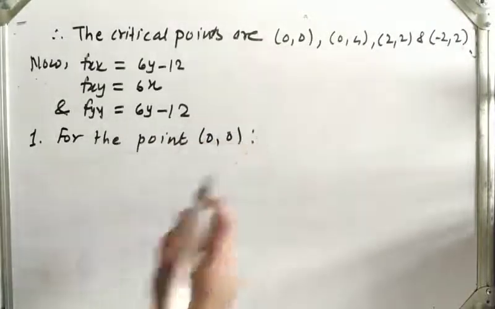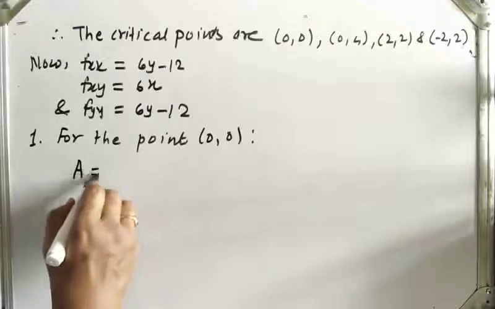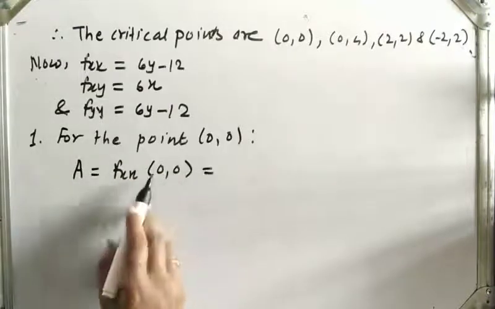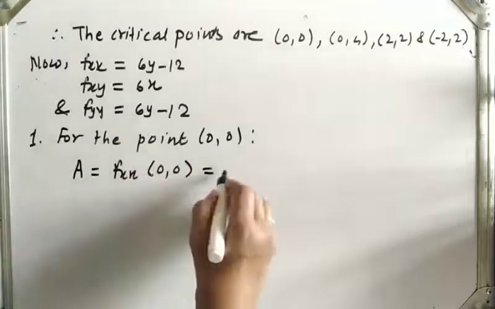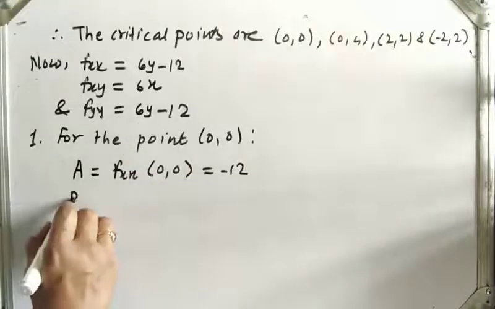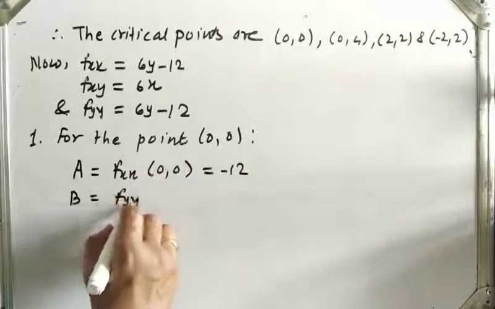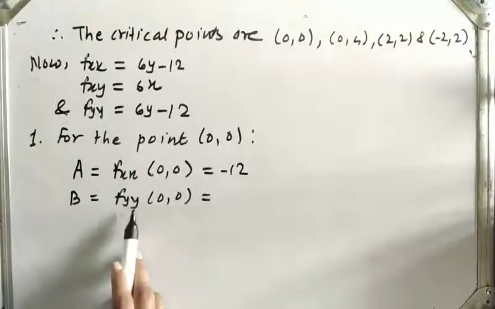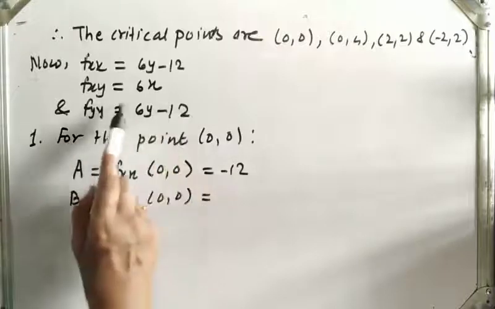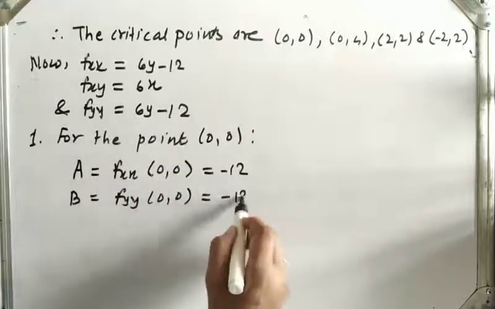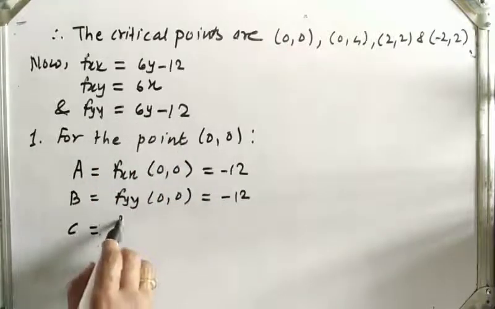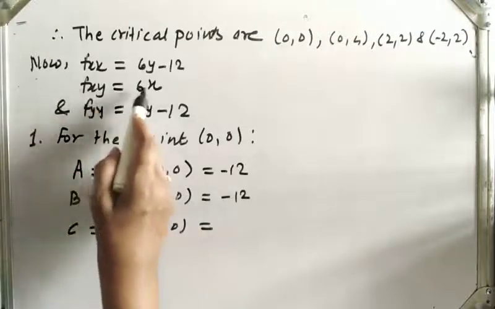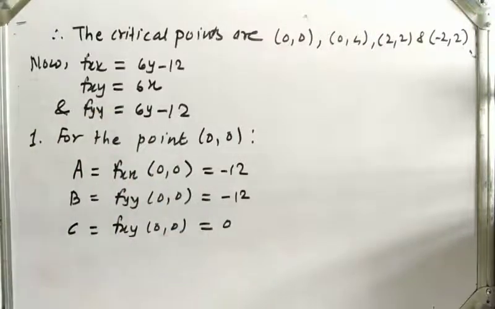For the point 0 0, a is equal to fxx at 0 0, means put x 0, y 0, so that will be minus 12. b is equal to fyy at 0 0, so that value will be minus 12. c is equal to fxy at 0 0, this value will be 0.